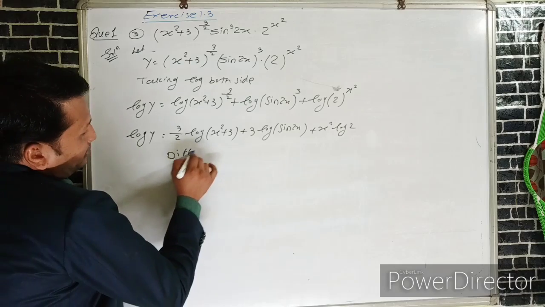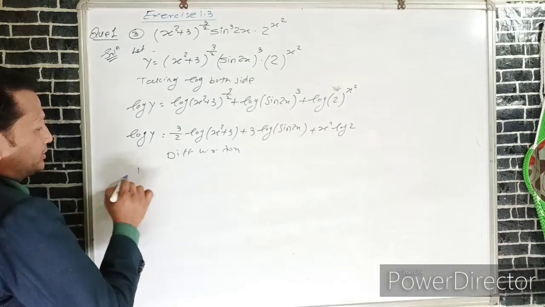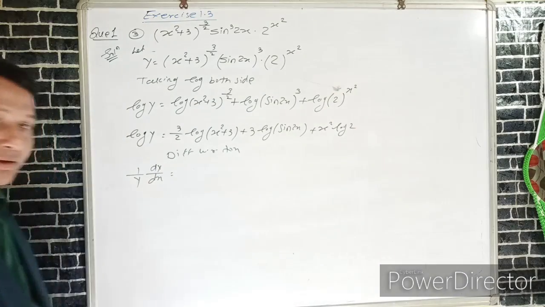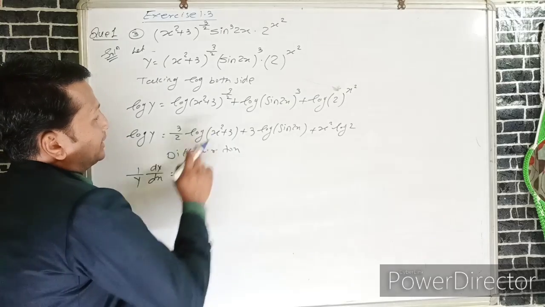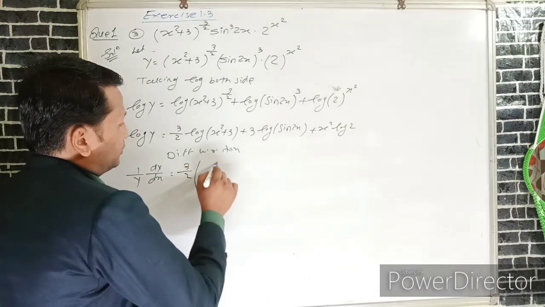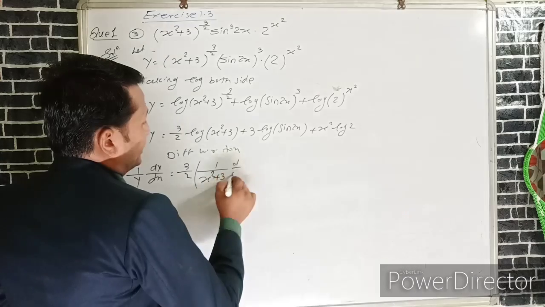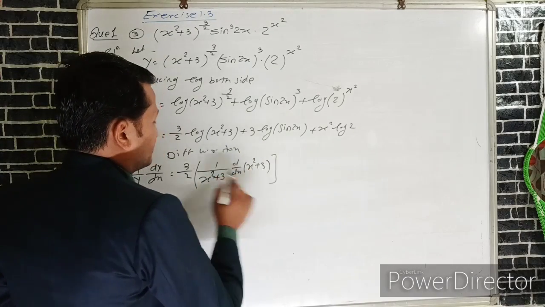Now if we differentiate with respect to x, then we can write the derivative of log y is 1 upon y dy by dx. Here 3 by 2 is a constant. Again we can write the derivative of log of x square plus 3, which is 1 upon x square plus 3, and we take again the derivative of x square plus 3.